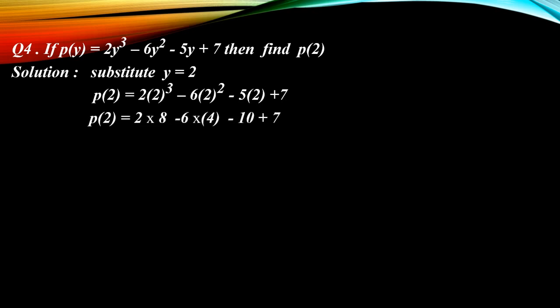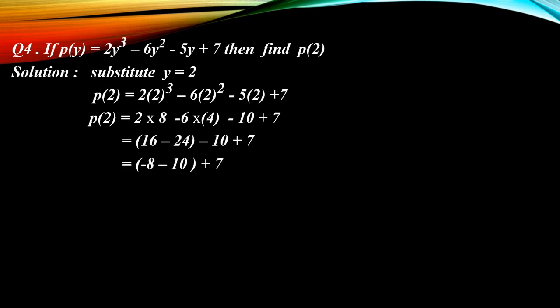So P(2) is equal to 2 raised to power 3 becomes 8 multiplied by 2 minus 6 into 4 minus 10 plus 7. Solving from the left side, we get 16 minus 24 minus 10 plus 7.